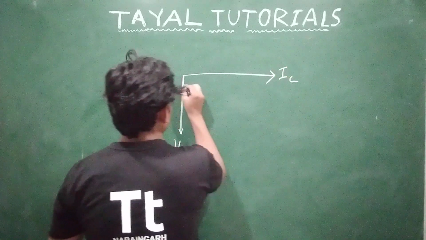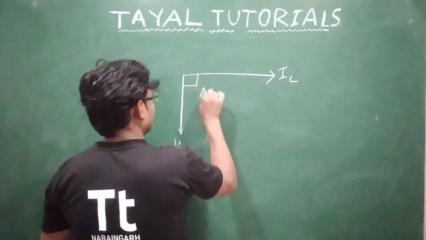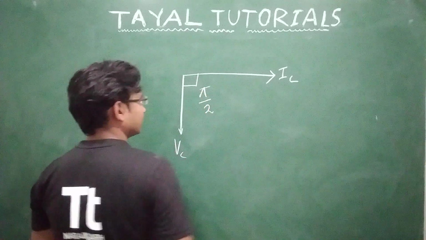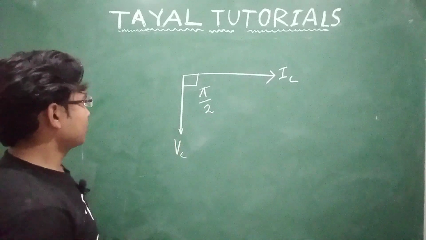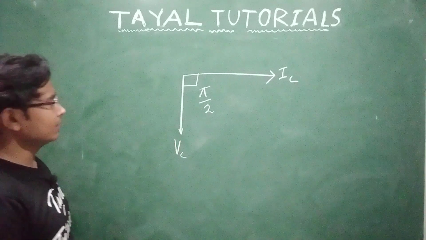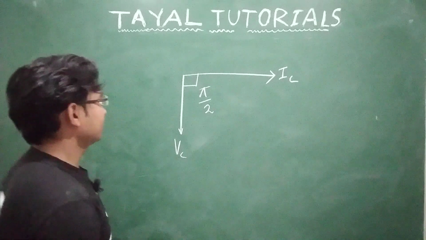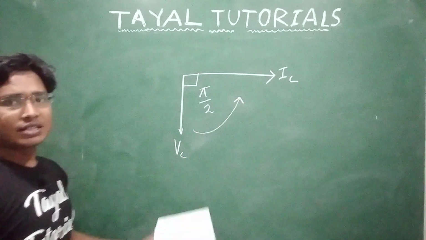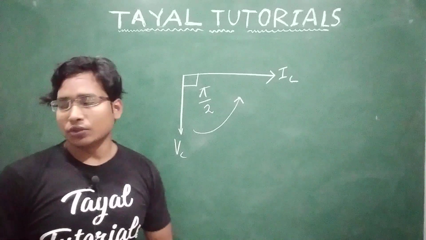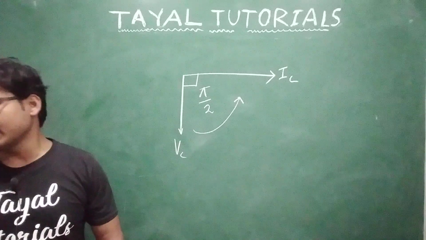This is IC, this is pi by 2, VC, IC. So in a capacitor, current leads the voltage by 90 degrees. You can see it's a lead, in an anti-clockwise direction. So this is how the behavior of a capacitor is.